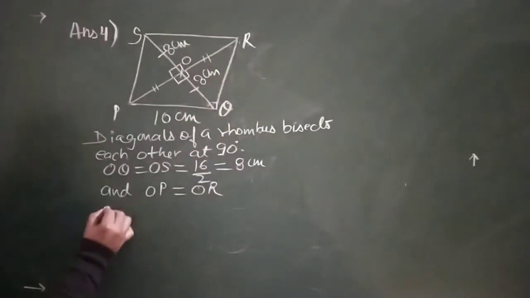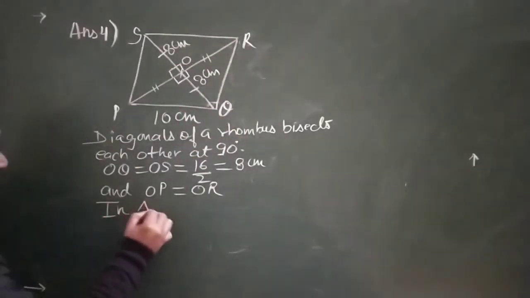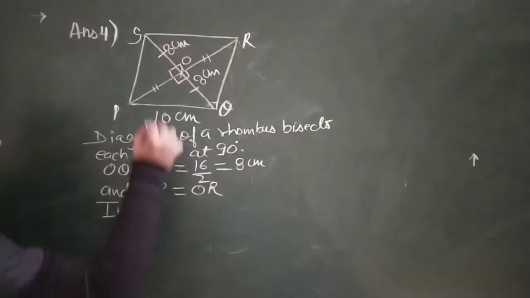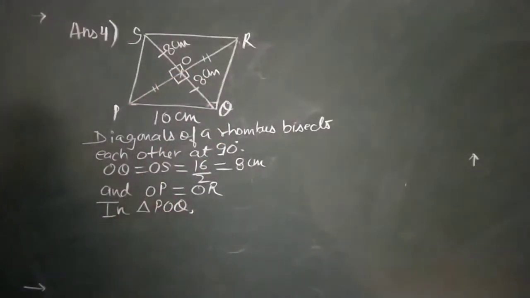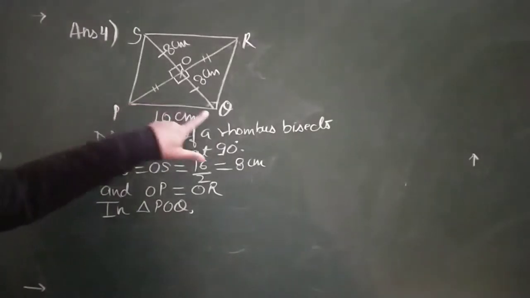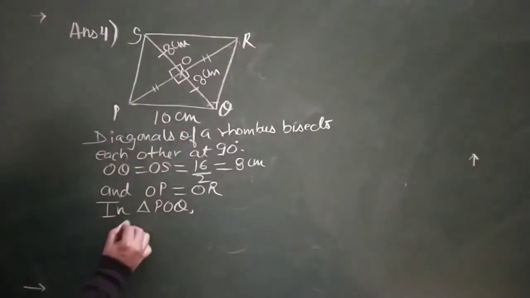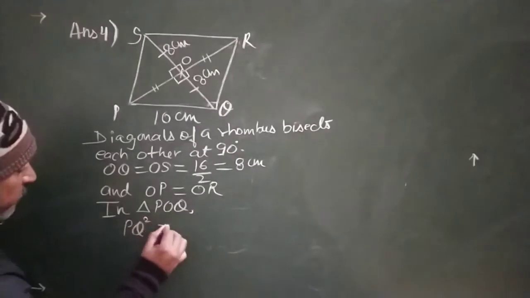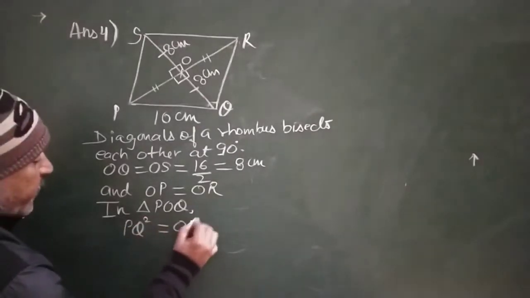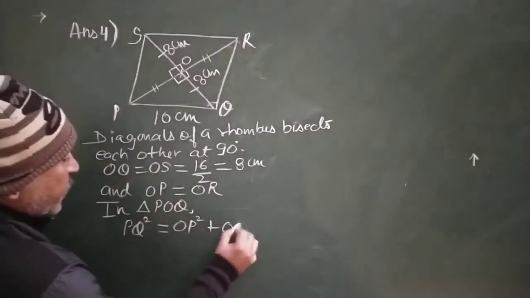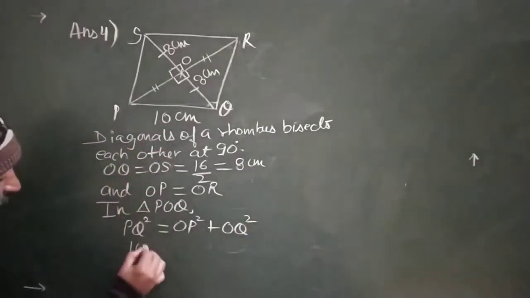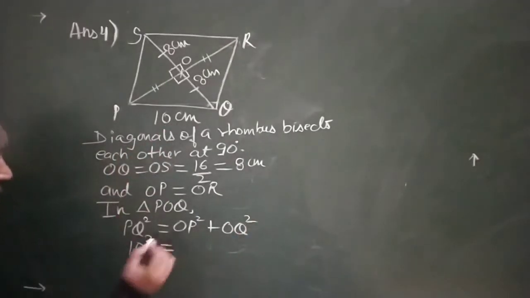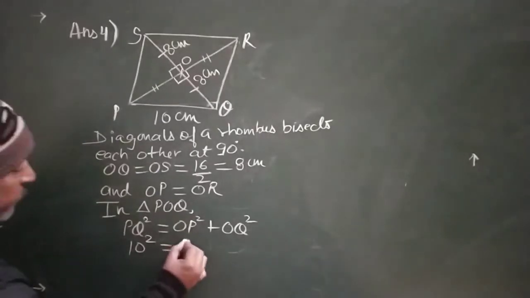Just see it. So first of all, apply the Pythagoras in triangle POQ. See here, PQ is the hypotenuse, so PQ square will be equals to OP square plus OQ square. The value of PQ is 10. It means it is 10 square. OP value we have to find out.